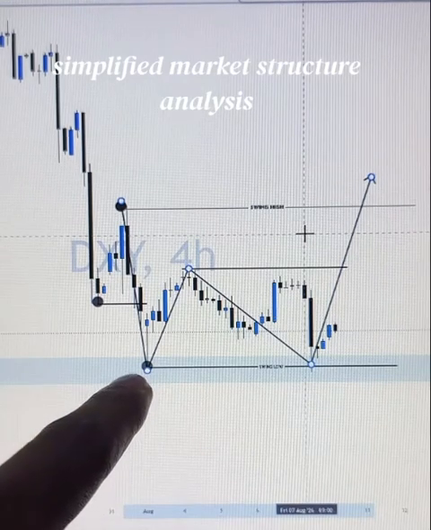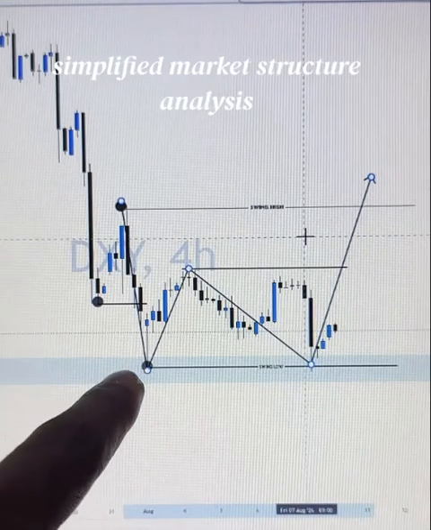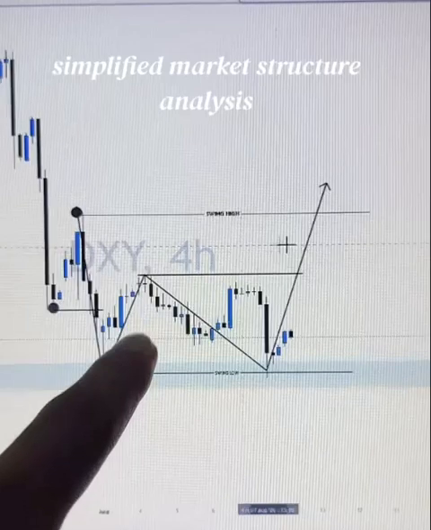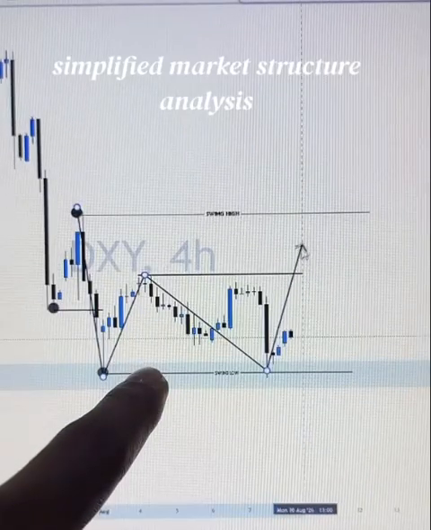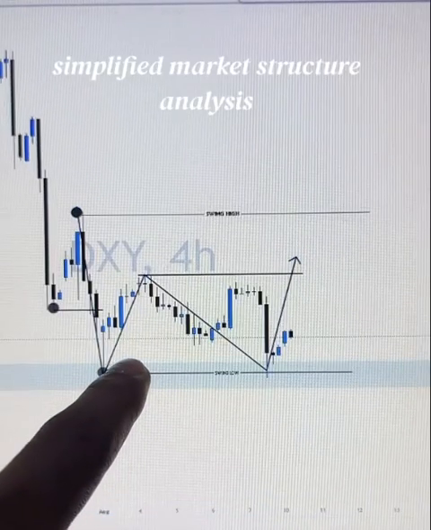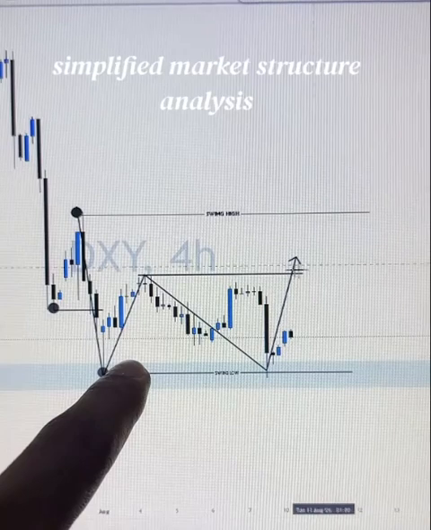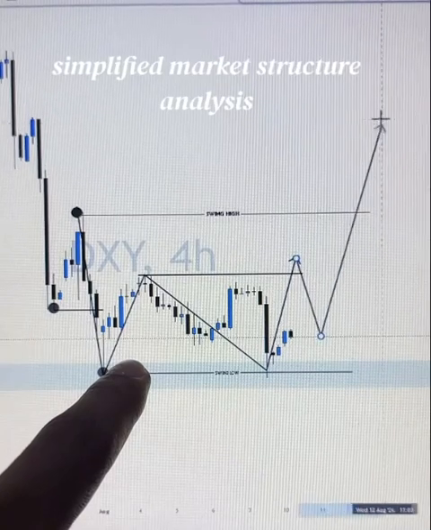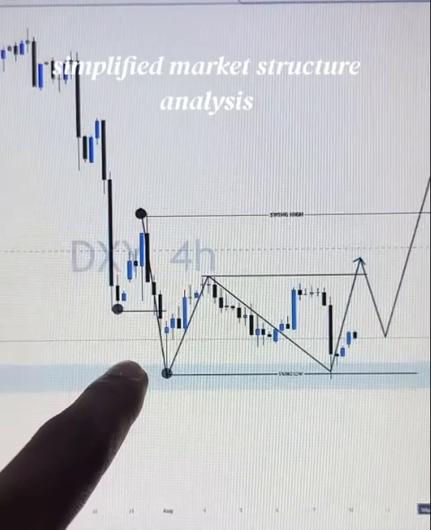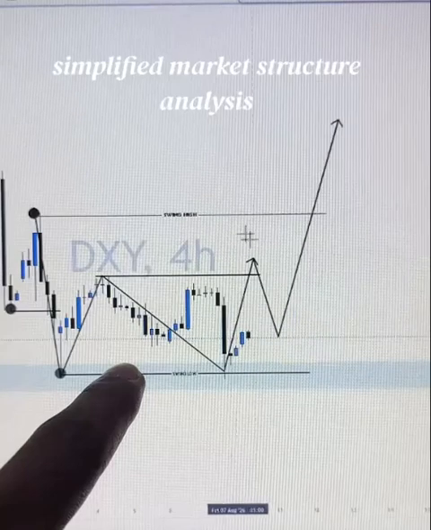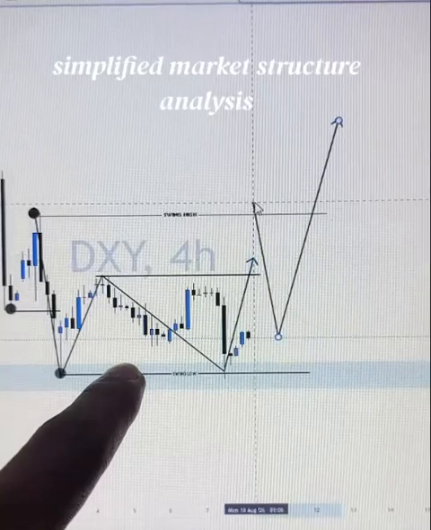But if you are a Sadiq, the minute you get a candle close above this high, you can look for your buy. If you are not a Sadiq, wait for a close above this high.